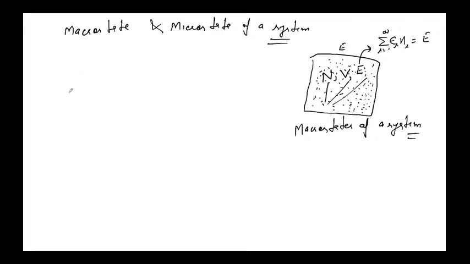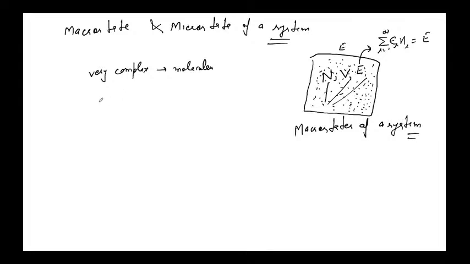Now if we go inside this system, that is, at the molecular level, the situation is very complex. When we go to the molecular level, we are trying to study the interaction of these particles with each other. So it is very complex.